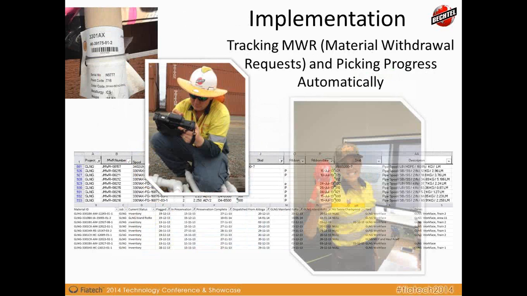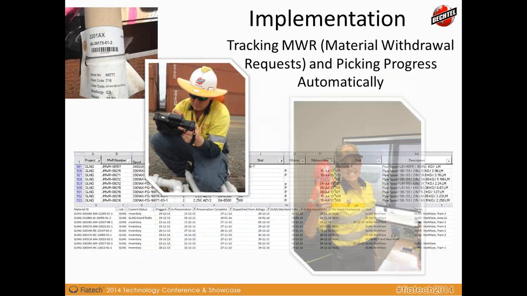With the implementation of this system, we've pretty much eliminated all of the paper-based work process and replaced it with the tablets. Remembering the 1.2 million tag movements we talked about, we're dealing with 1.2 million fewer pieces of paper.